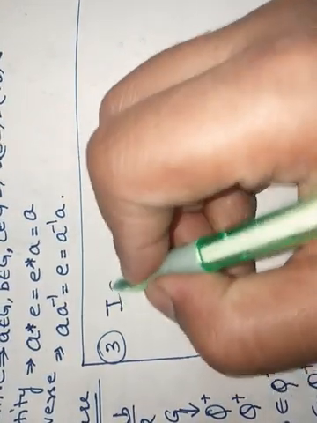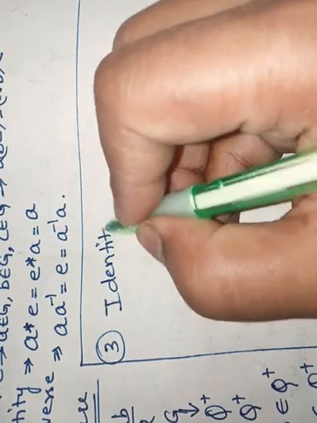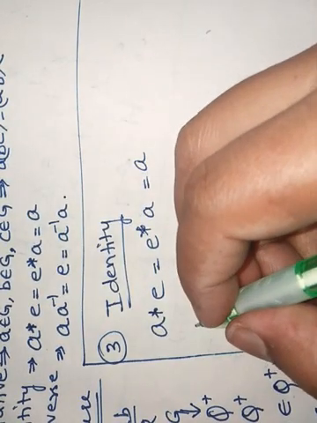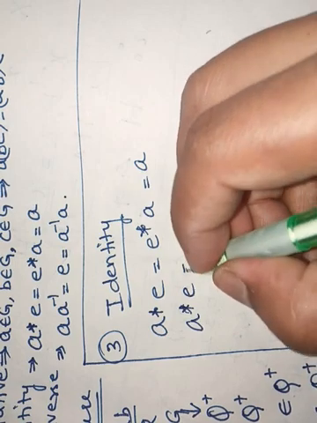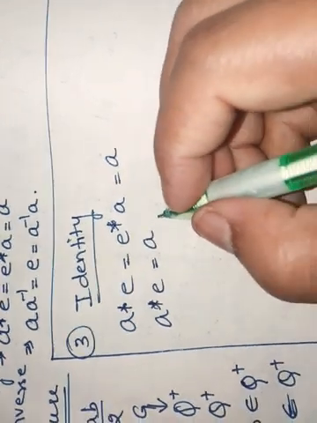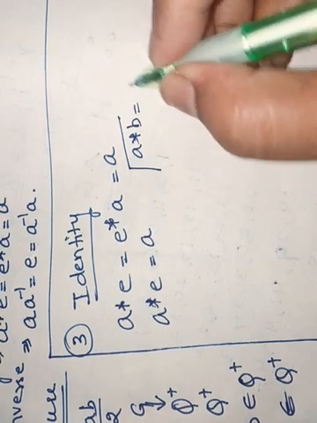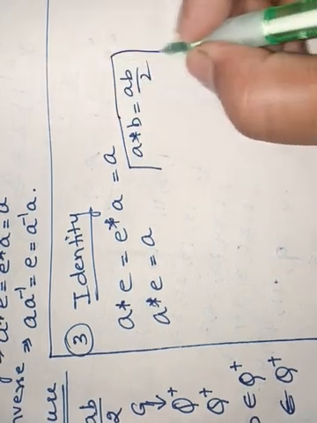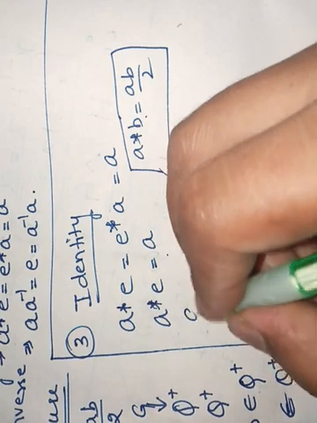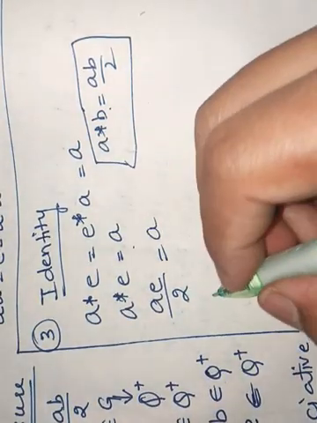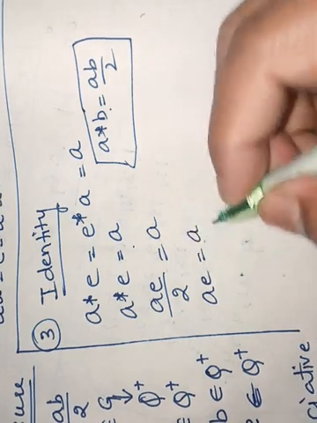Now, next is identity. Identity is nothing but A star E is equal to E star A is equal to A. Now, I am selecting one term, A star E is equal to A. In the question they have given A star B is equal to AB by 2. So in the place of B there is E here. So I am writing AE by 2 is equal to A. Now this 2 I am sending there. AE is equal to 2A.